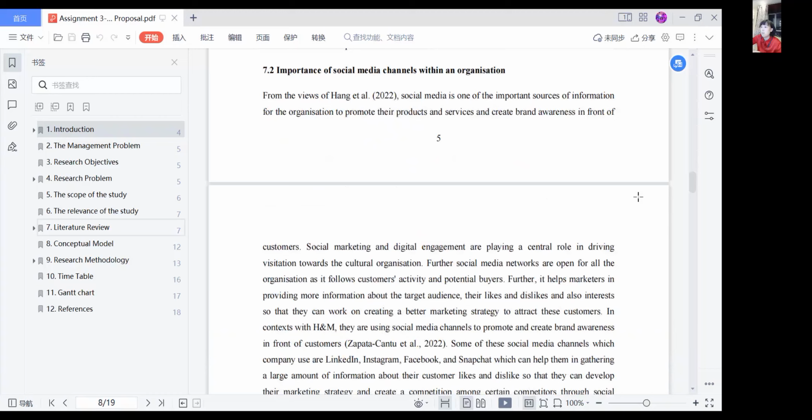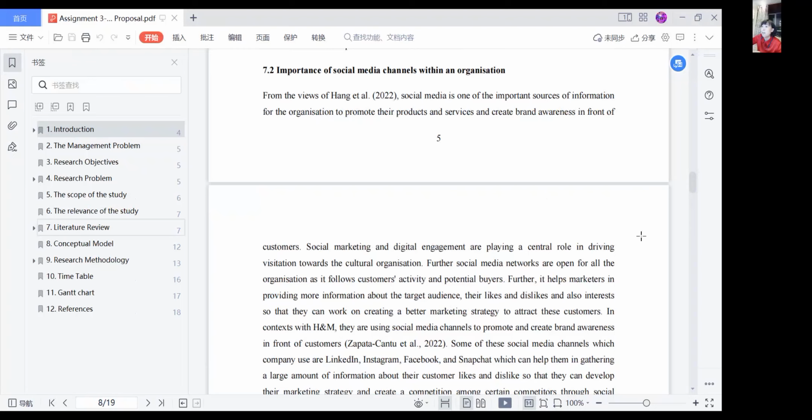From the views of Han et al., social media is one of the important sources of information for the organization to improve their products, survive, and create brand awareness in front of customers.